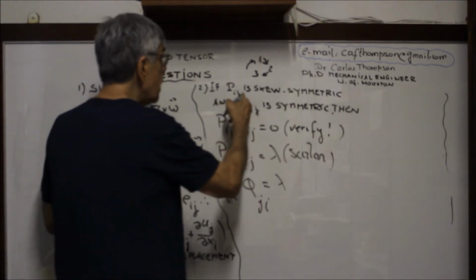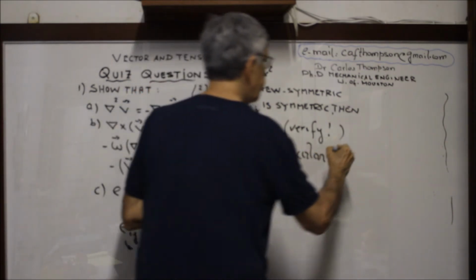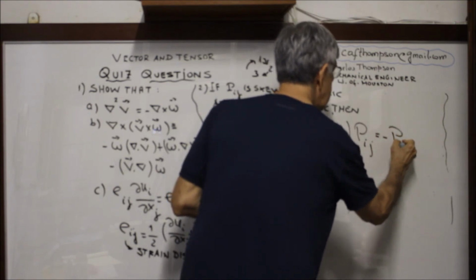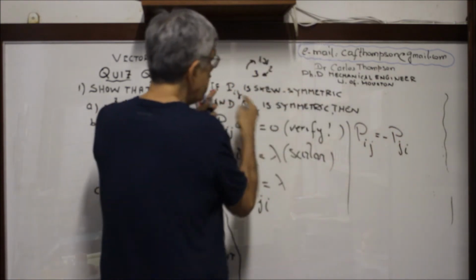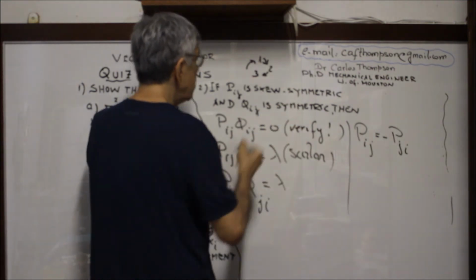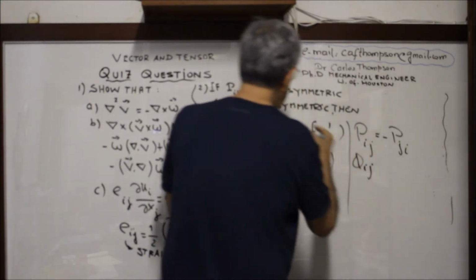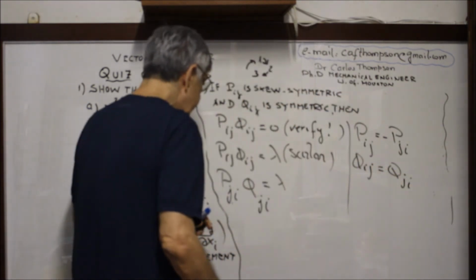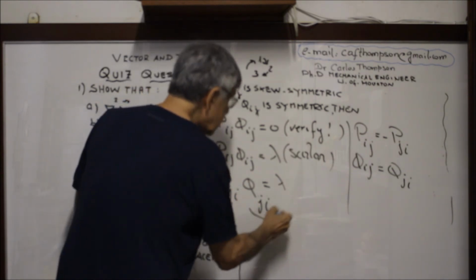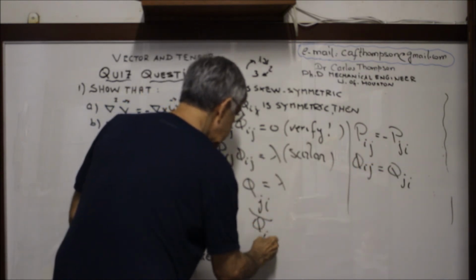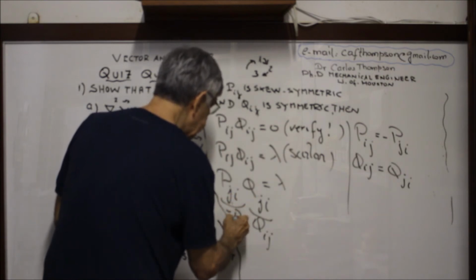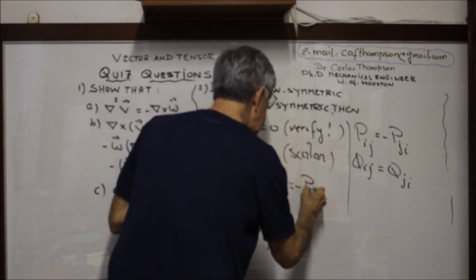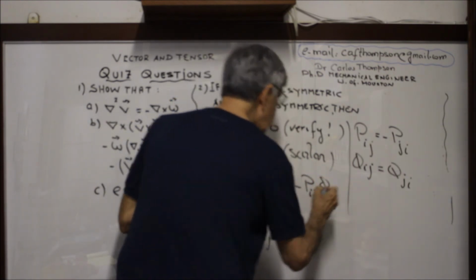But since Pij is skew-symmetric, I can write that Pij is equal to minus Pji. Now, Qij is symmetric, so this will be plus Qji. So this is equal to minus Pij Qij.